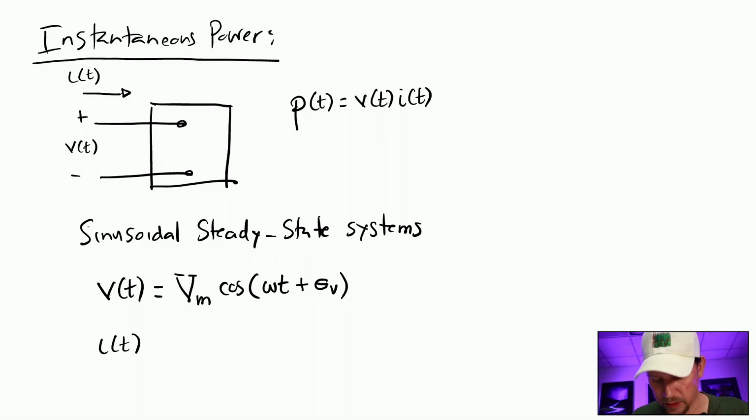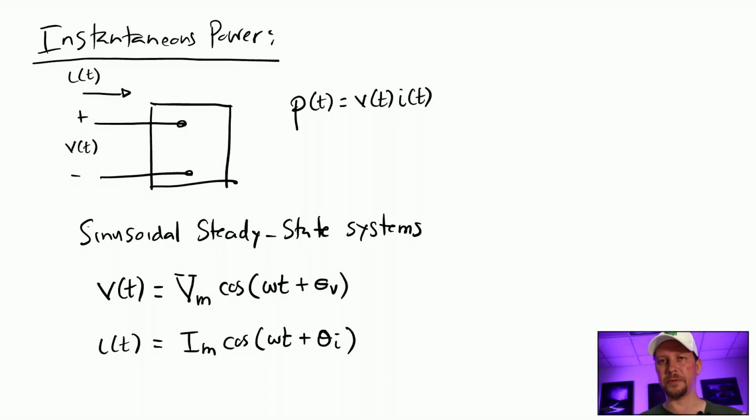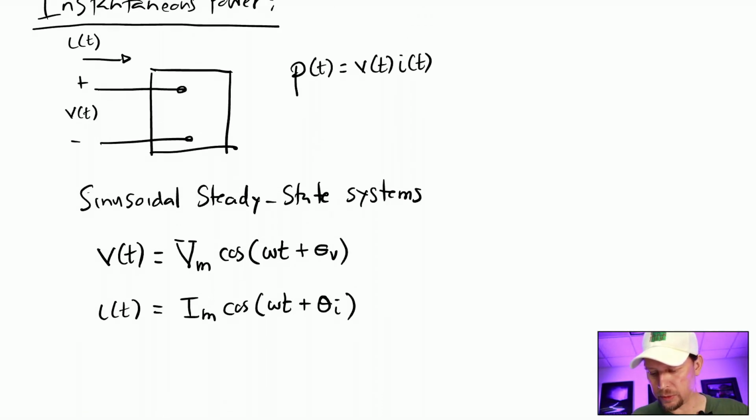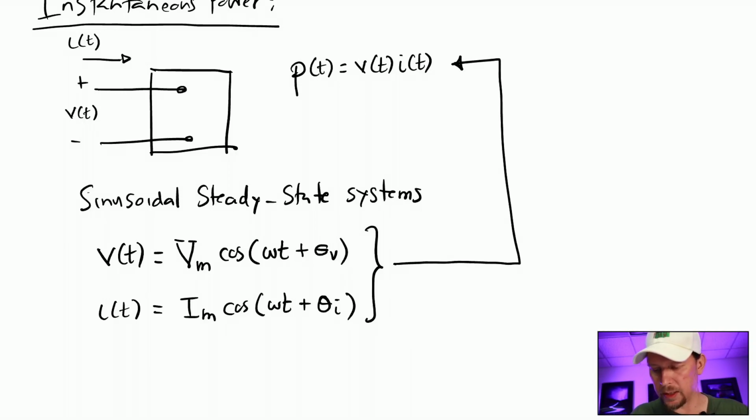Similarly, one of the things that we can also say is that the current as a function of time, again for these sinusoidal steady state systems, is going to have the same angular frequency as that of the voltage. The amplitudes are going to be different, and in general, the phase angles are going to be different as well. Based on this, it's a relatively straightforward matter to calculate the instantaneous power by taking both of these and plugging them directly into this.